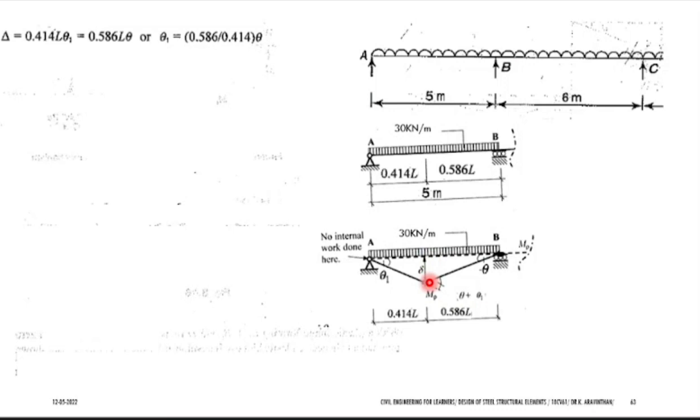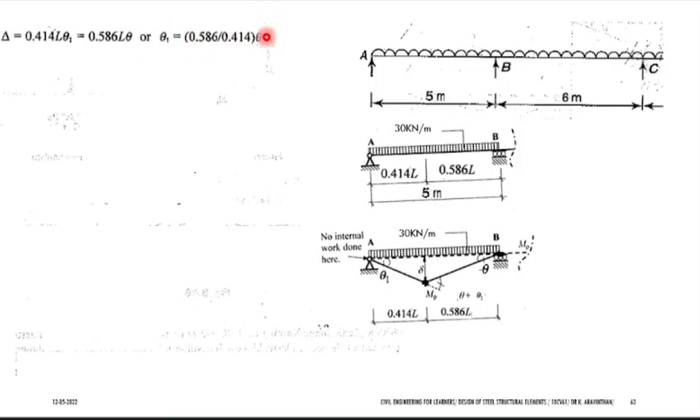You will get that answer, and you can equate it to what is this distance? 0.586 L into delta. So you can equate both the answers. If you need theta 1, cross multiply this and you will get theta 1 as this value.